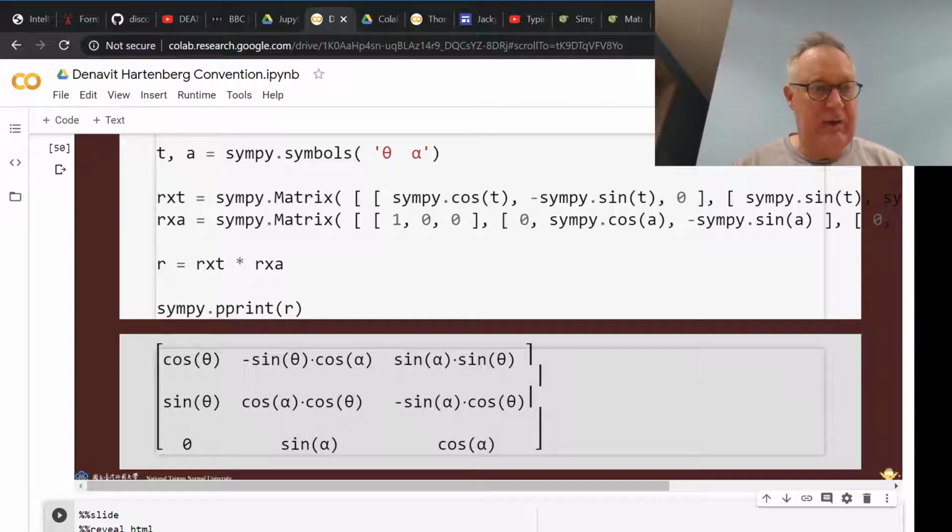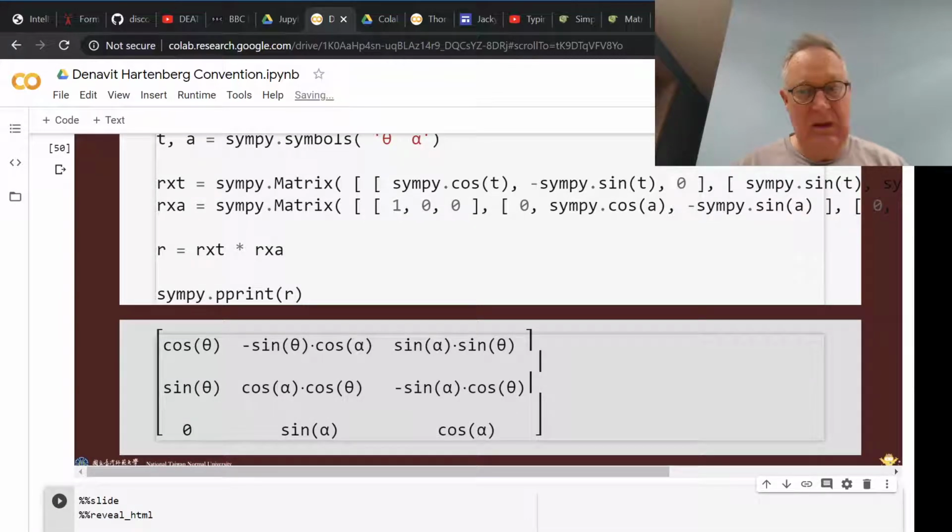So what does that give us? Now the index should be i minus 1.